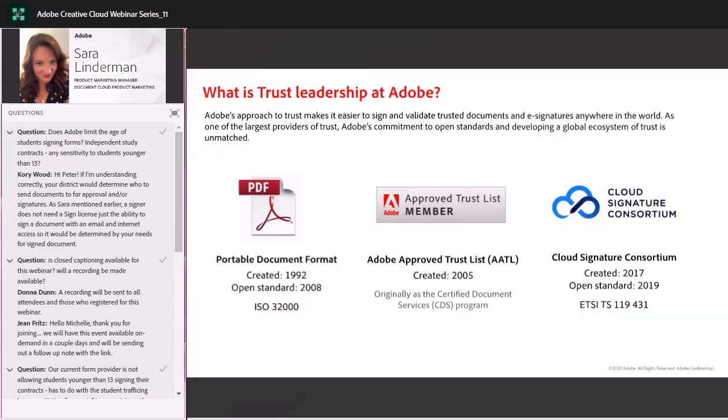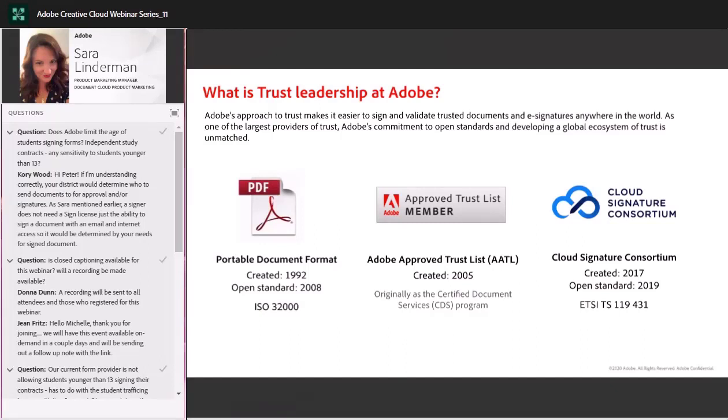So Adobe, and in particular Document Cloud, have a really long history of building and leading with trust. Obviously, you noticed that I talked about that in the last session. And we share this trust by creating new open source standards that advance the overall experience with digital documents and e-signatures. We did this with PDF in 1992, way back when.